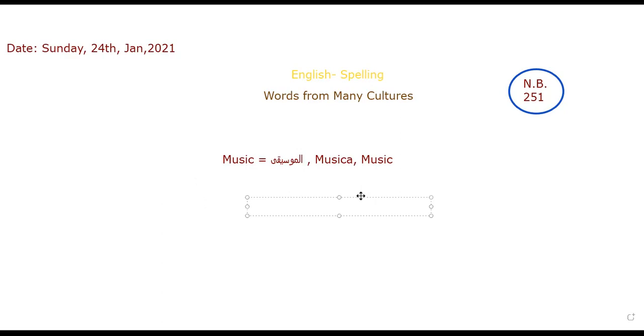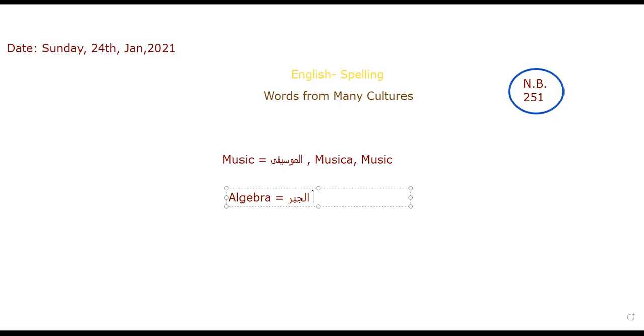Another word whose origin is the Arabic language is algebra. Algebra is a science in math that we use to calculate some numbers. The origin of this word exists in Arabic under the name al-Jabr. The person who started this science is called al-Khwarizmi.